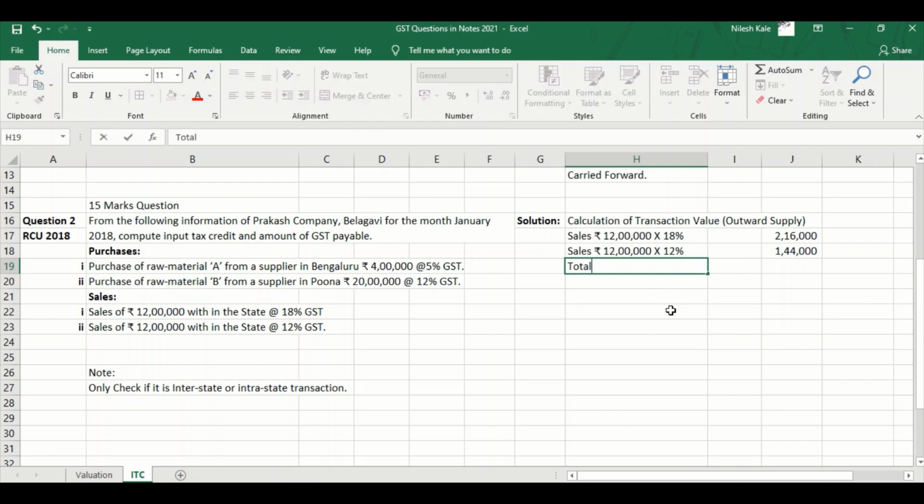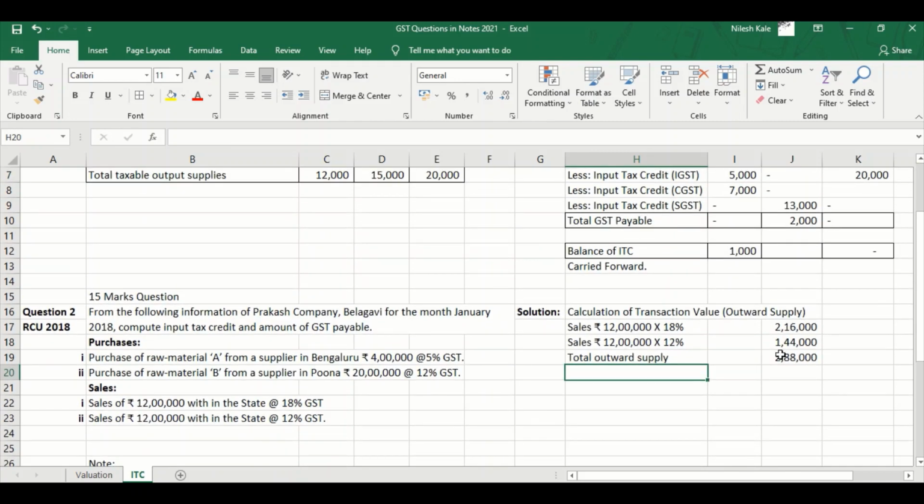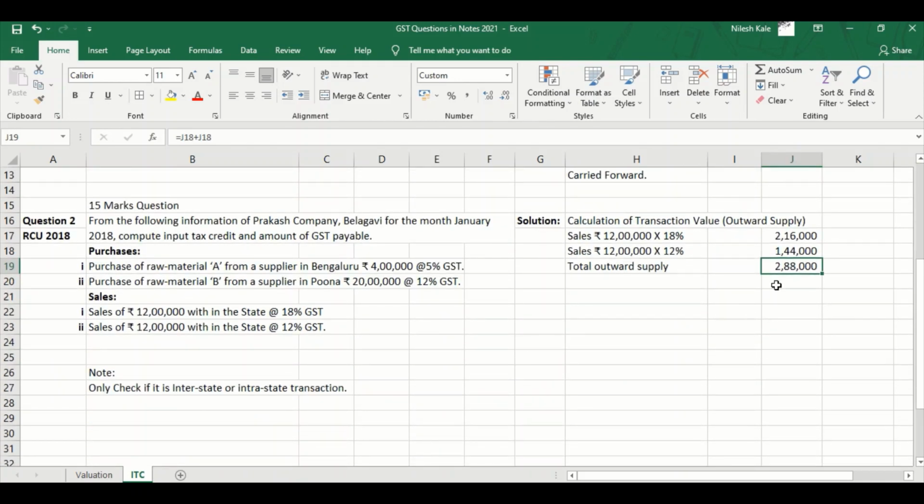How much is the total outward supply? It is this plus this, 2,88,000. This is what we have got, total outward supply.